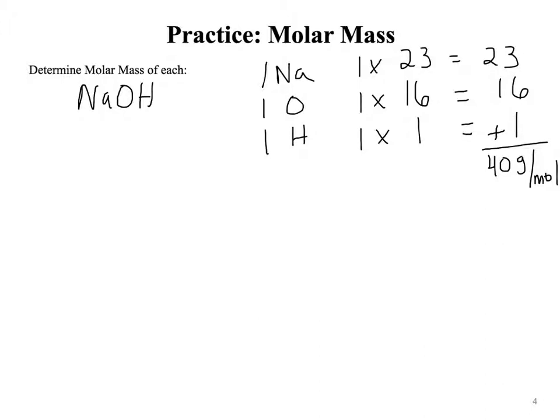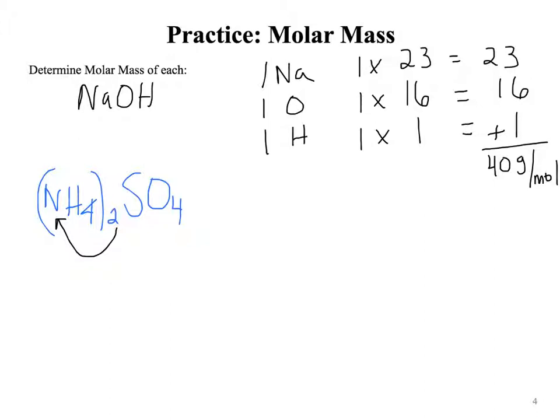Let's do another example that's a little bit more intricate. Ammonium sulfate, which is that. So let's account for how many of each element we have. That's always a good place to start. Because there's a 2 subscript, that means that 2 goes into the parentheses.